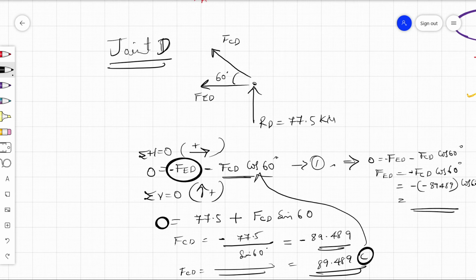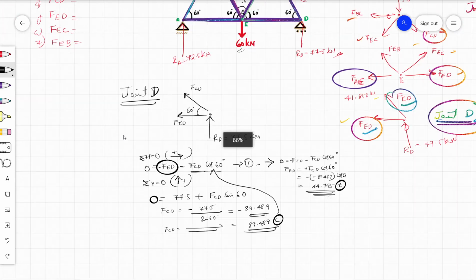So the value of FED becomes 44.745, and the value is positive, so it is tension. Okay, so now we found two values.